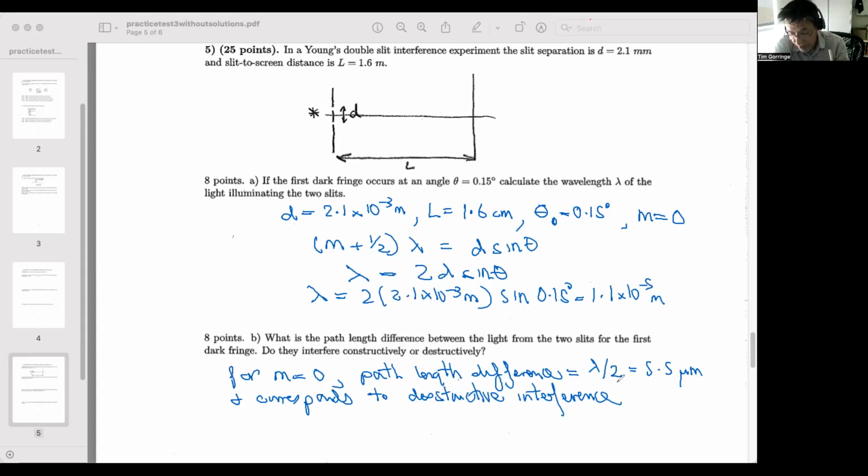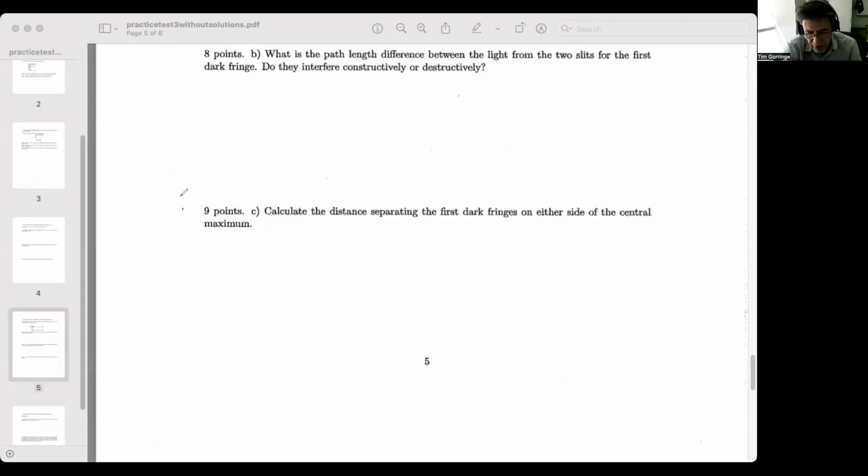They interfere destructively, and vice versa. When the first light ray is a trough, the other light ray is a crest. So they're always canceling each other out in this destructive interference that gives us a dark fringe, which gives us no light on the screen.